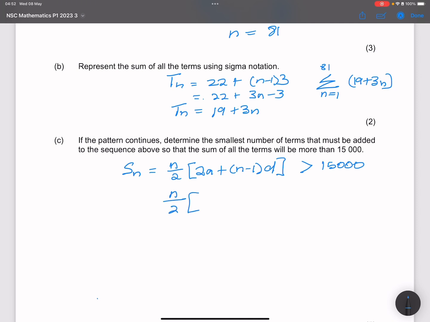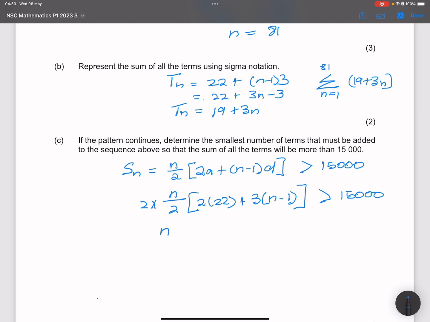Right, so n over 2, we don't know what that is. Okay, that's going to be 2 multiplied by 22, okay, plus, so that's n minus 1 times 3. So I'm just going to say 3 into n minus 1, right? So that should be greater than 15,000. Okay, so I'm just going to try and solve this as much as I possibly can, right? So multiply by 2 on either side.